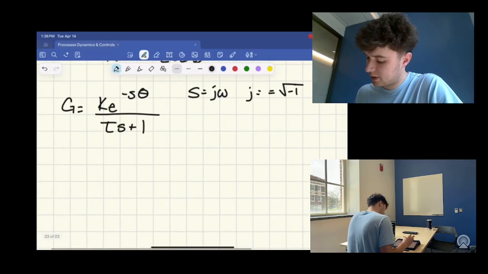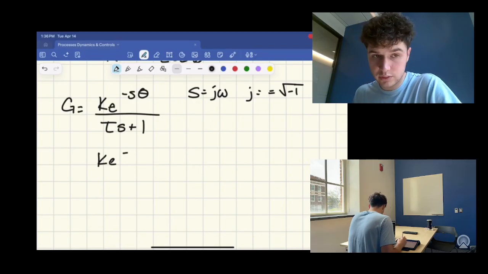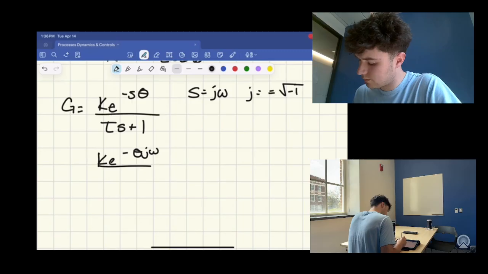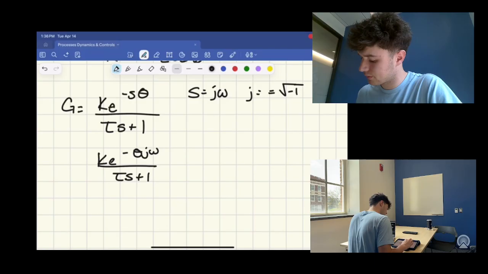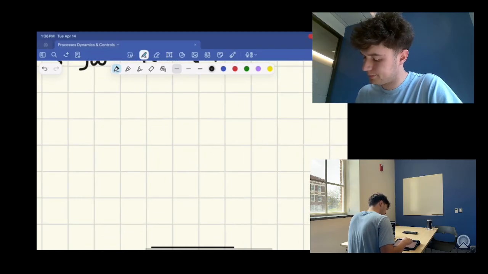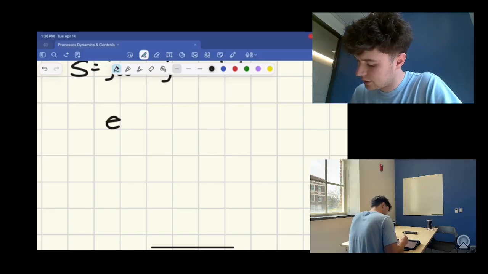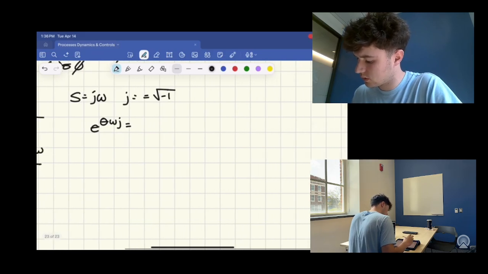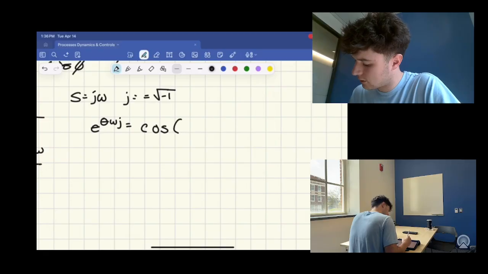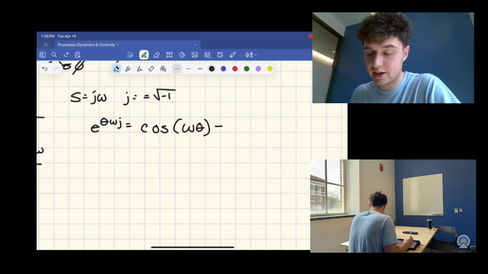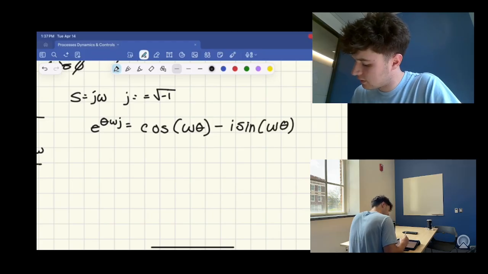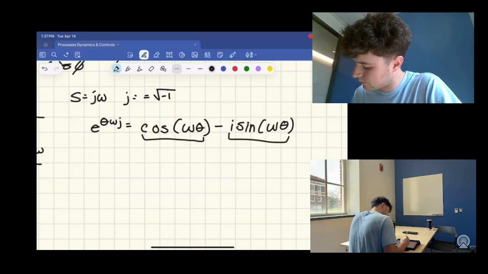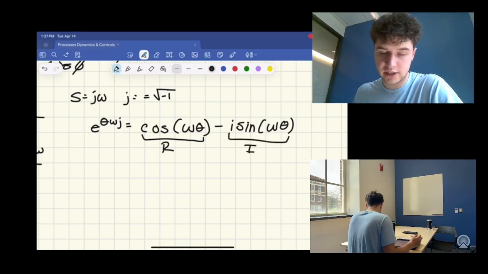So you can rewrite this again to k e to the negative theta jw over tau s plus 1. And we're going to say that e to the power of negative theta wj is equal to cosine of W theta minus imaginary number of sine W theta. This is our real, this is our imaginary.